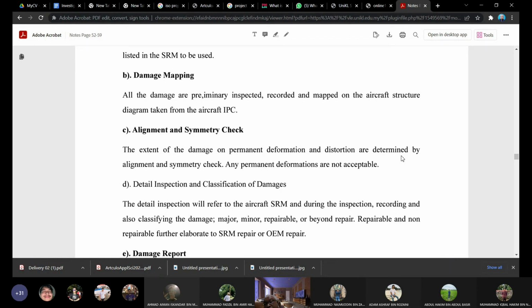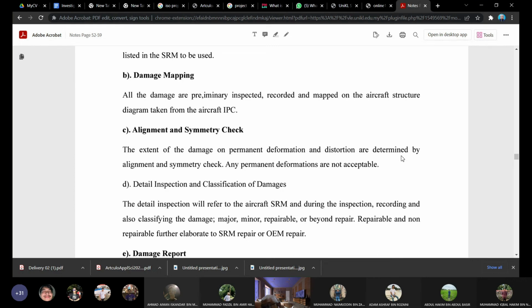The structure repair manual will give the detail of the condition of specific areas of the structure when it has been damaged, whether it's repairable, not repairable, or consult OEM for repair.